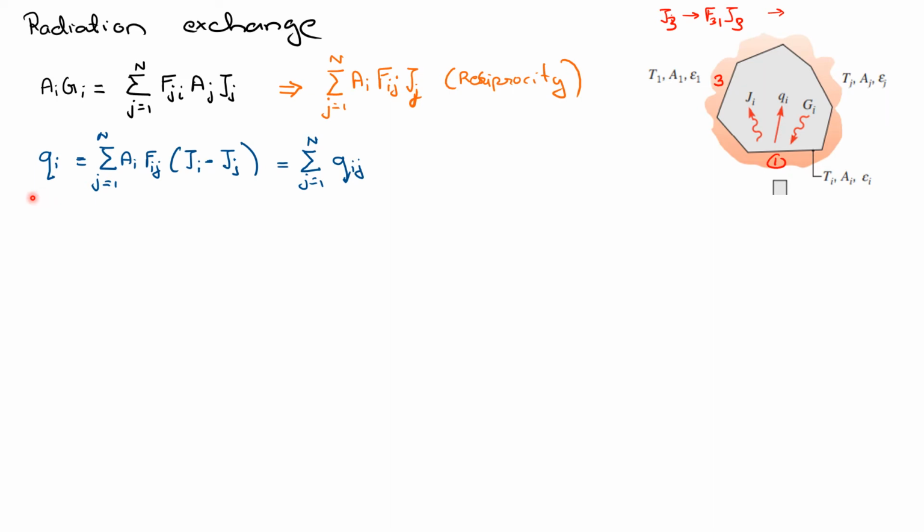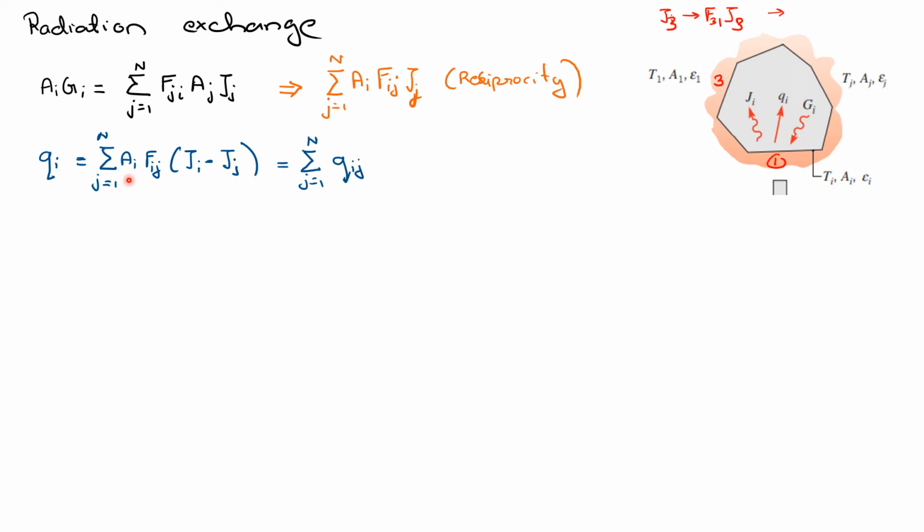So our Qi in this term can be written as the summation of whatever is emitted by surface i minus whatever falls onto surface i. That is the net radiation from surface i. Let me repeat what this equation means.